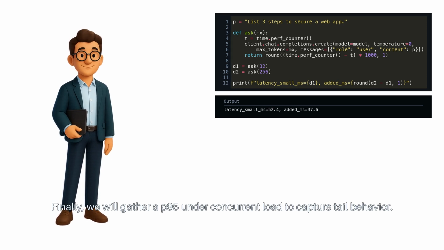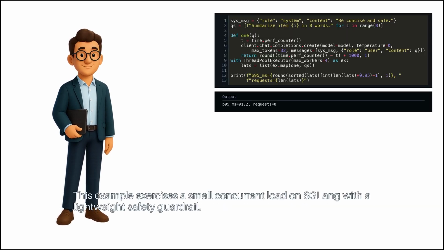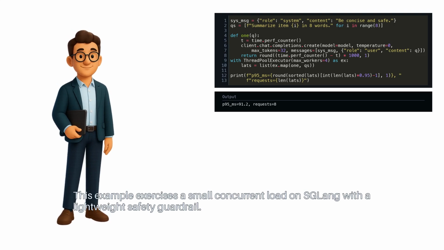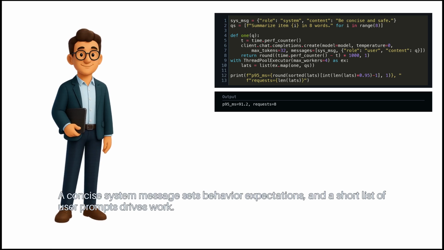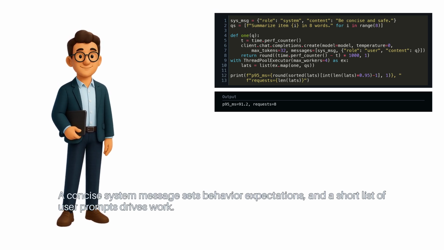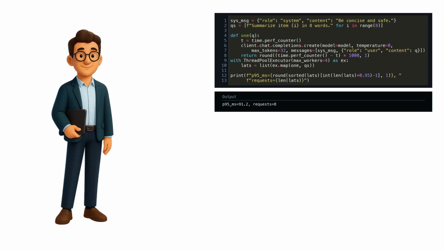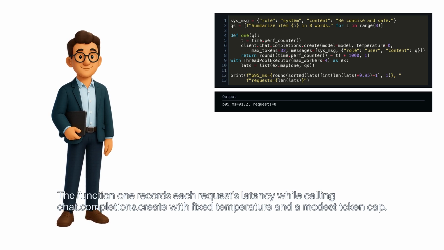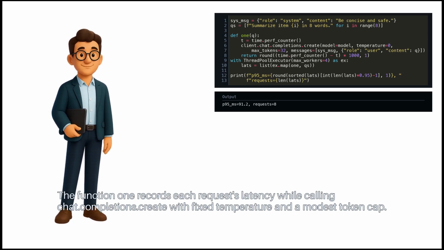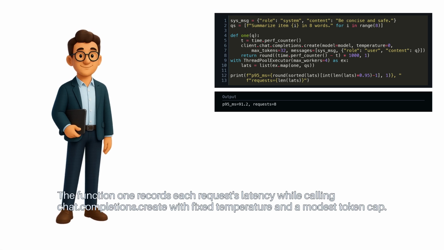Finally, we will gather a P95 under concurrent load to capture tail behavior. This example exercises a small concurrent load on SGLang with a lightweight safety guardrail. A concise system message sets behavior expectations, and a short list of user prompts drives work. The function one records each request's latency while calling chat.completions.create with fixed temperature and a modest token cap.